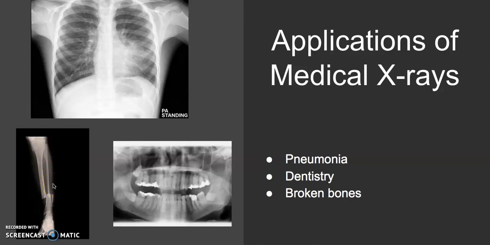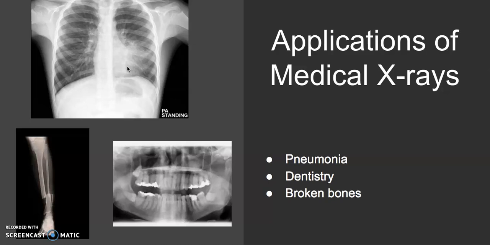We can also use it for things like pneumonia. So you have something that's a little bit similar to an ultrasound, where we have a greater density in the lungs when you have pneumonia. So the pneumonia itself is more dense than the lungs are.